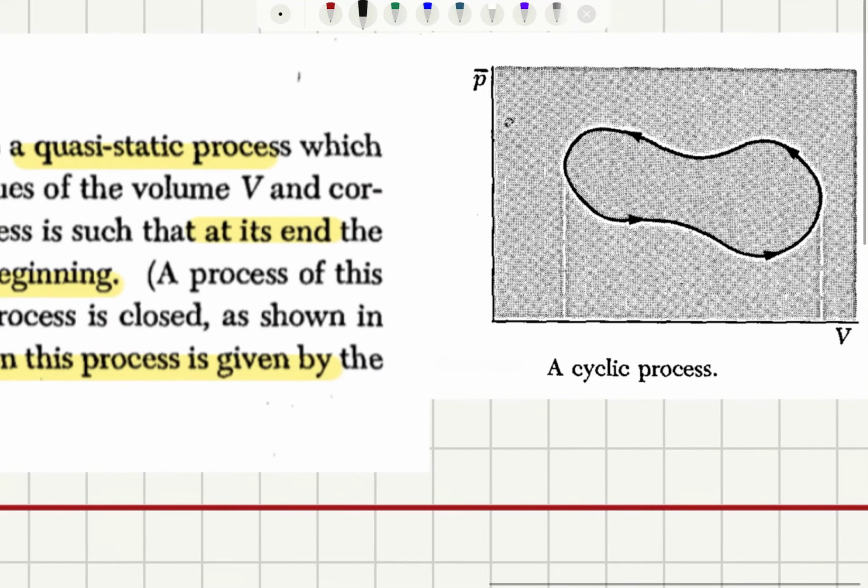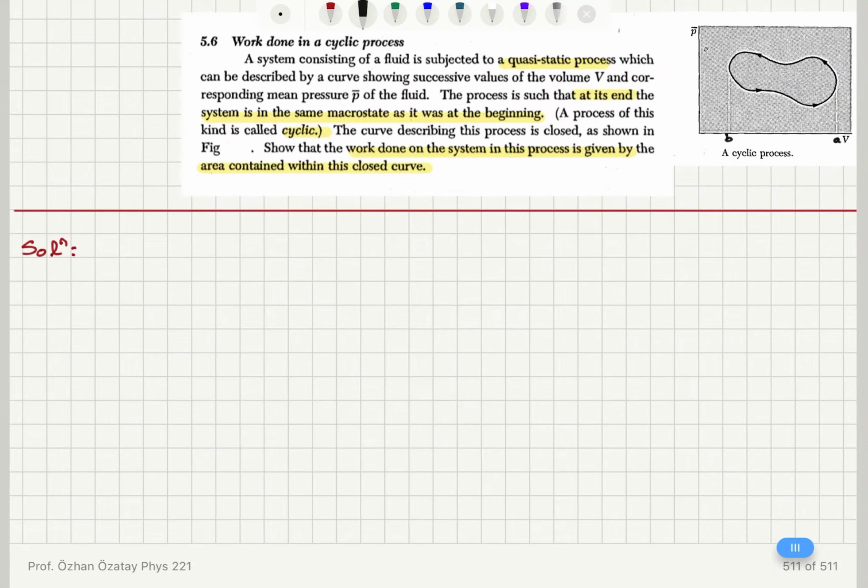I call this point A and this point B in the cyclic process. If I calculate the work done for a quasi-static process, it will be given by minus the integral from V initial to V final of P bar dV.